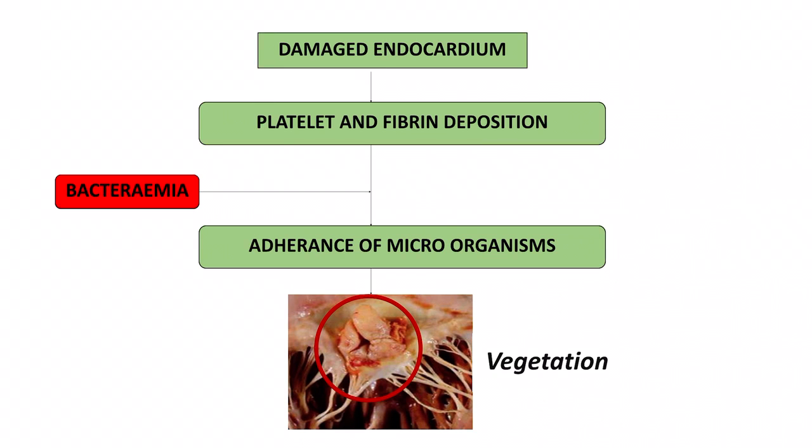This vegetation is a friable mass which is composed of platelet, fibrin, and microorganisms. This vegetation will form on the cusps of the valves of the heart, or it can also form in the major blood vessels.